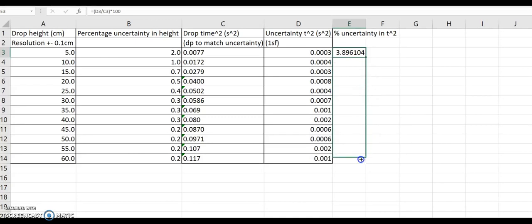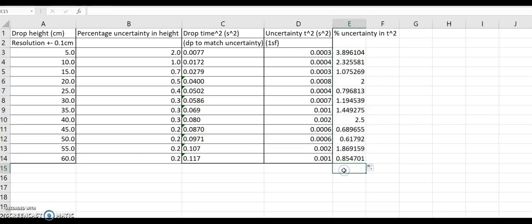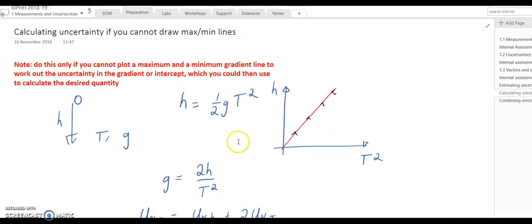Now we have a lot of spurious significant figures here, but that's fine, we will deal with that in a minute. So, we have these percentage uncertainties, and you'll note that they're different for every value. So what's the percentage uncertainty I use when I want to use this equation?